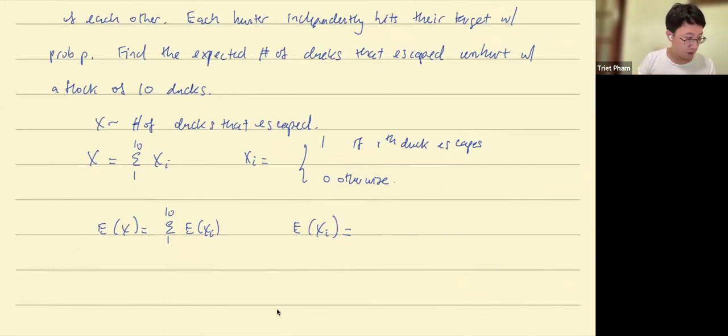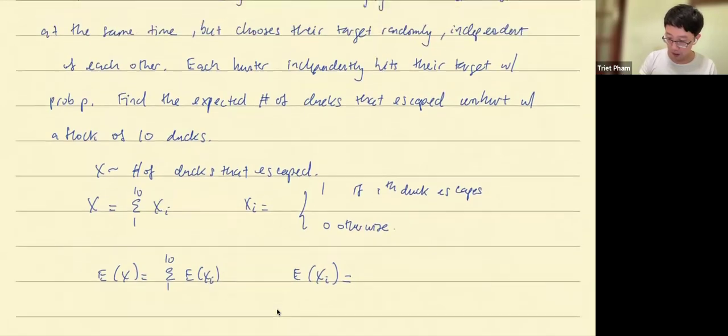So each hunter chooses their target independently with probability P. Let's see here. Each hunter chooses their target randomly. So the probability that hunter, oh, what I'm trying to say is this.